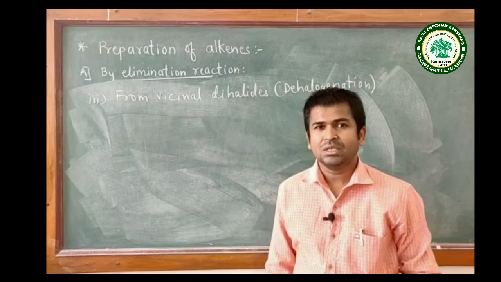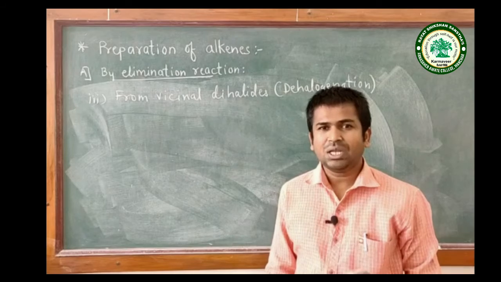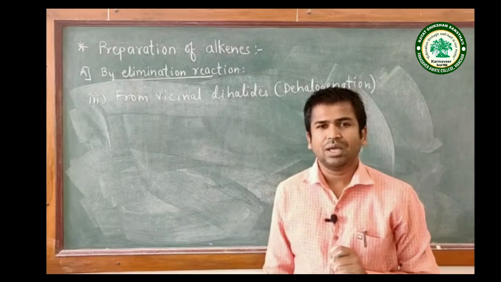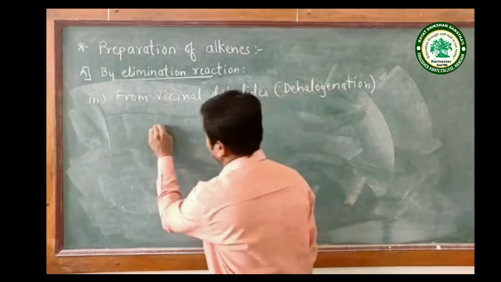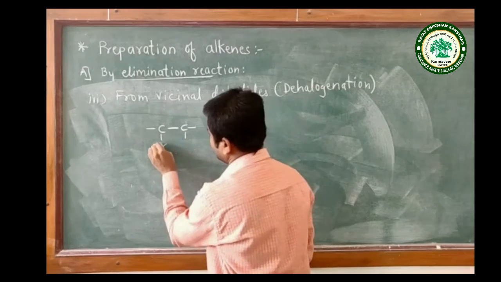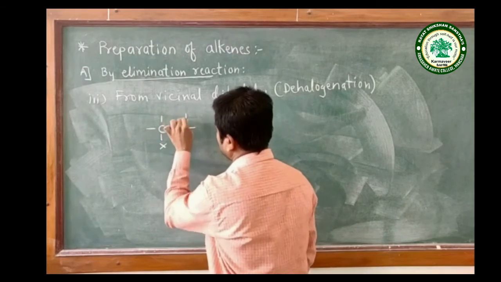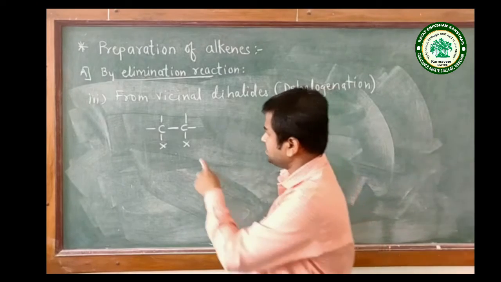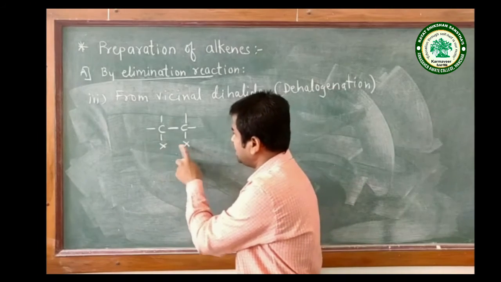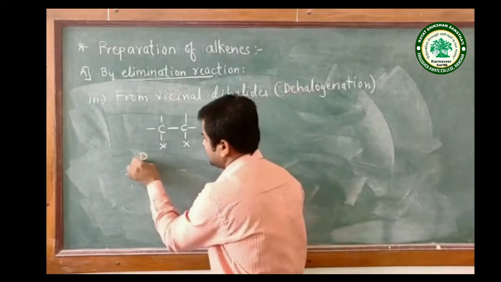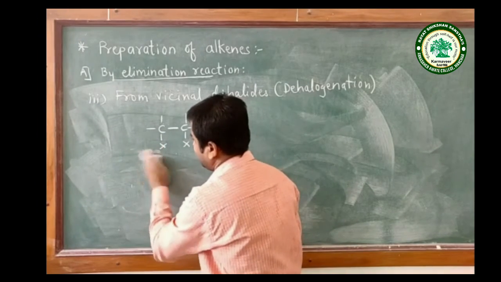The dihalides in which halogens are present on two adjacent carbon atoms are called vicinal dihalides. For example, the alkyl dihalide in which halogens are present on two adjacent carbon atoms is called vicinal dihalide.